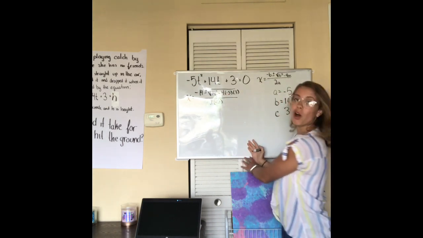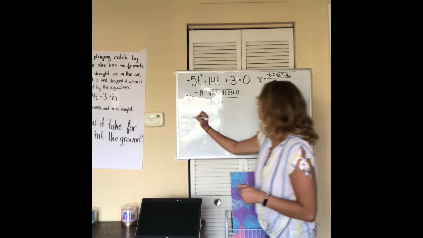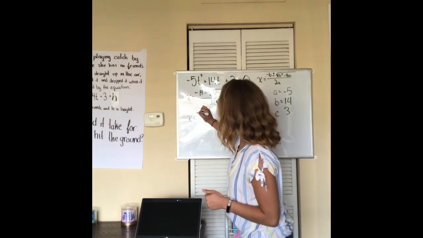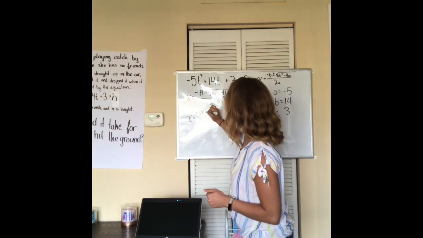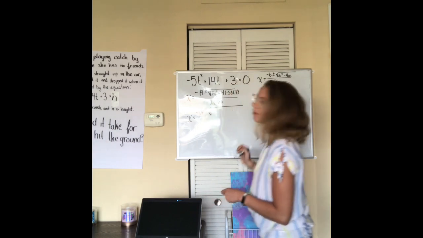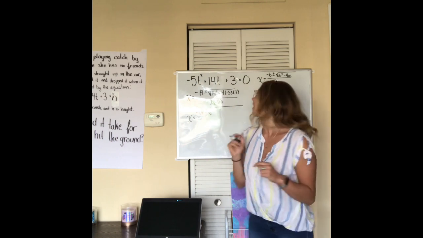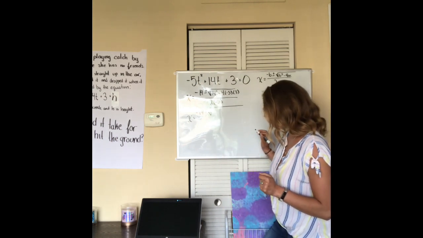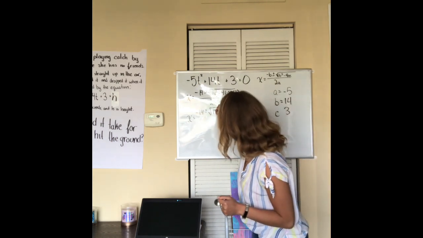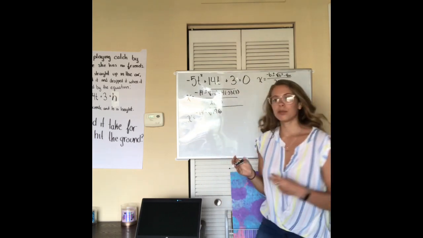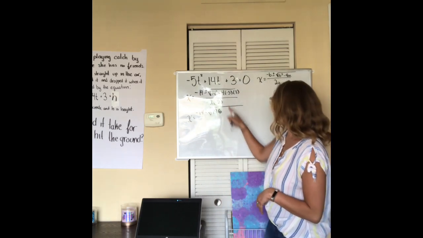And now I'm going to solve through using my PEMDAS rules. So x equals negative 14 plus or minus the square root of. You can assume that the stuff under a square root is inside parentheses. So this 14 squared turns into 196. And I'm also going to combine some steps to save space.